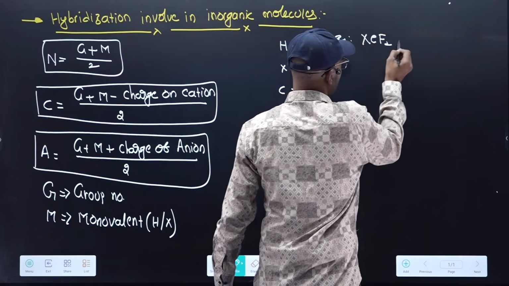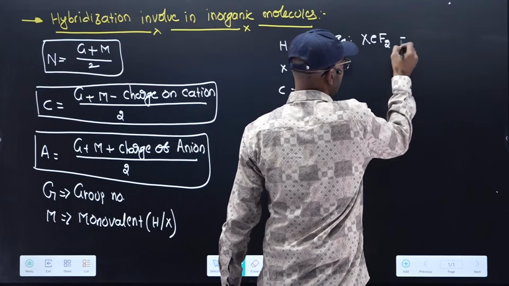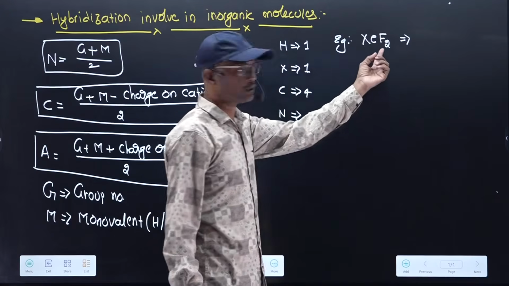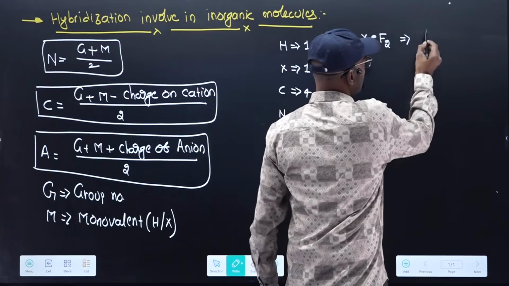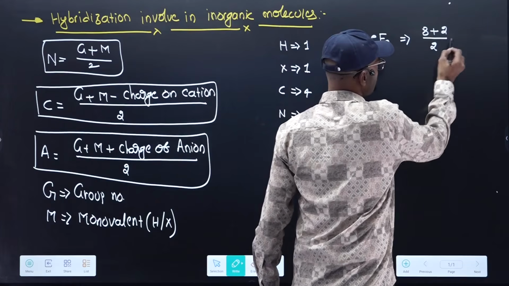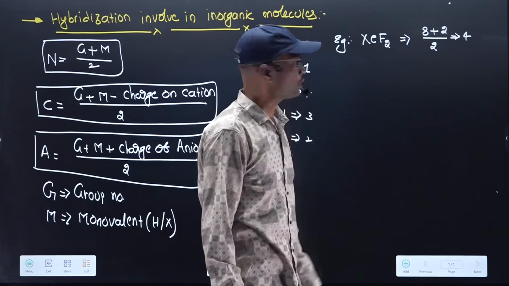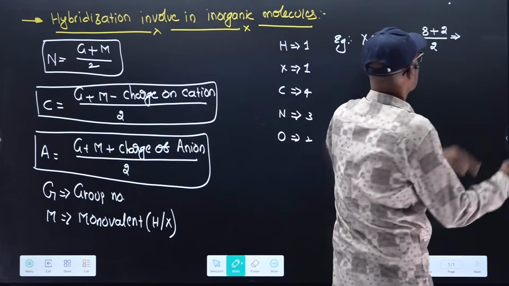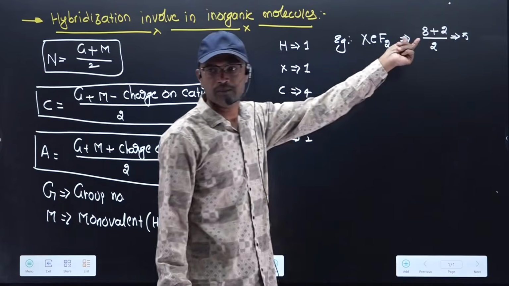Suppose I take one example, xenon difluoride. How many monovalents are present? 2. What is the group number of xenon? 8. So 8 plus 2 by 2. That is 5: 8 plus 2 is 10, 10 by 2 is 5.